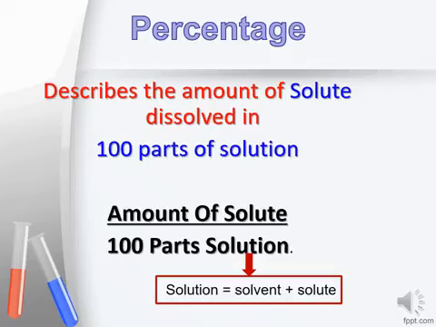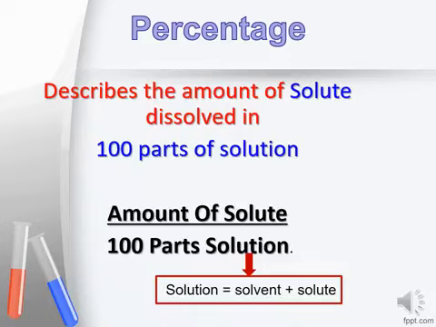in 100 parts of solution. What is meant by percentage? Percentage means the amount of solute that is dissolved in 100 parts of solution. So if we express it mathematically, what will be the equation? The equation of percentage: P, or percentage, equals the amount of solute divided by 100 parts of solution.